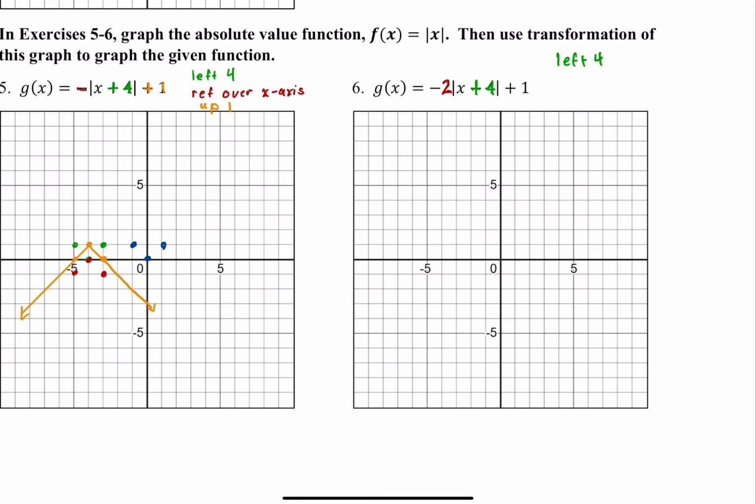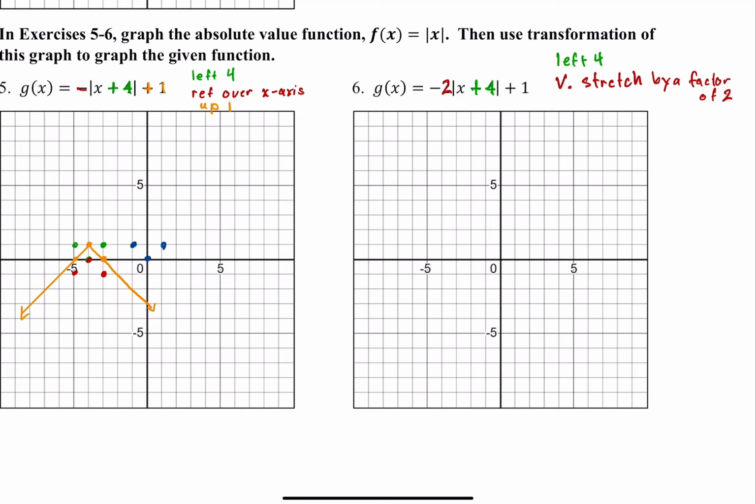I'm going to apply the multiplication, which is a vertical stretch. It's outside the absolute value, so it's vertical. And it's multiplication, so it's going to be a stretch. And you could say by a factor of, so I'm going to emphasize by a factor of 2. So just be okay with the language you encounter on the homework.